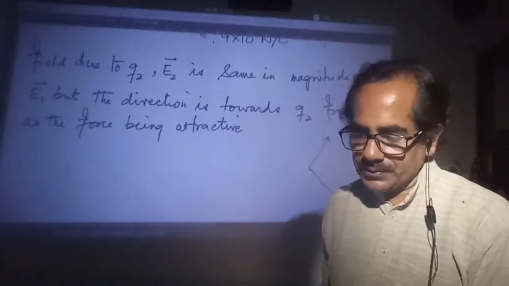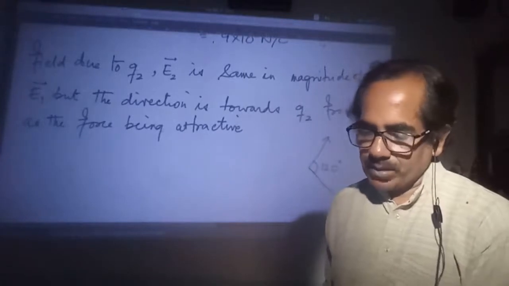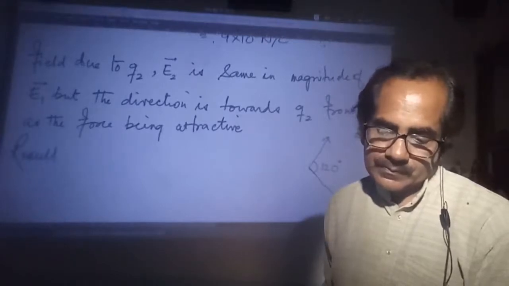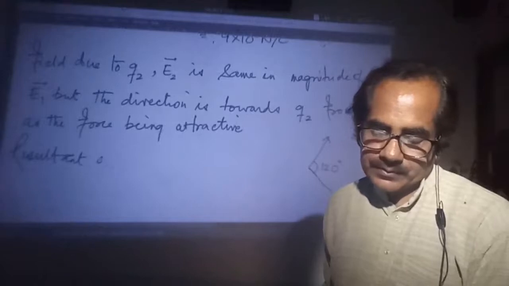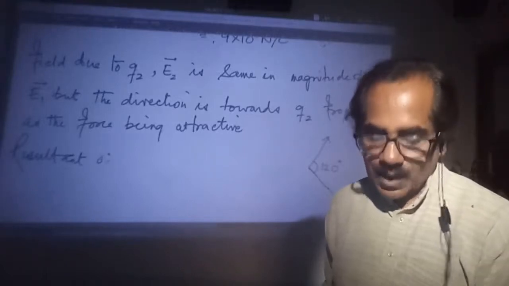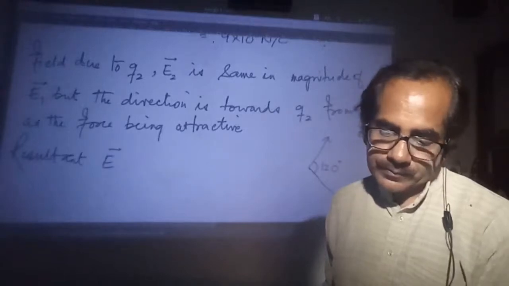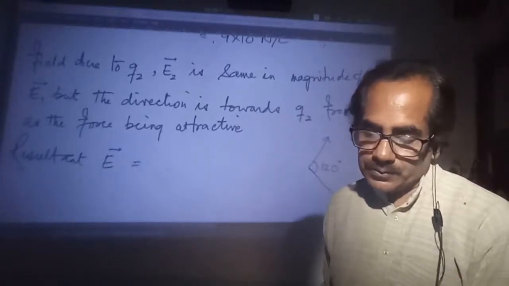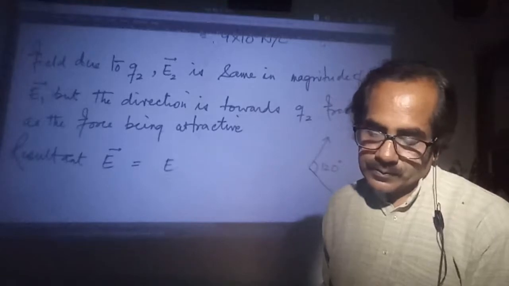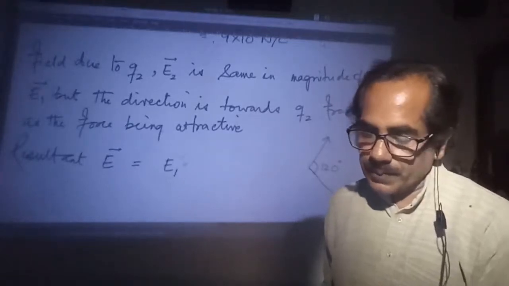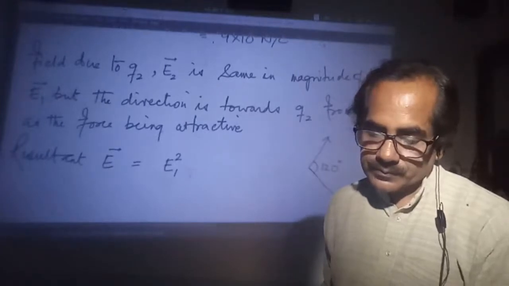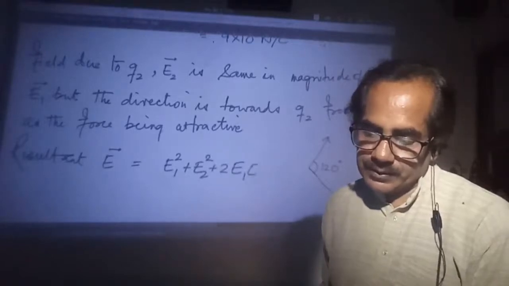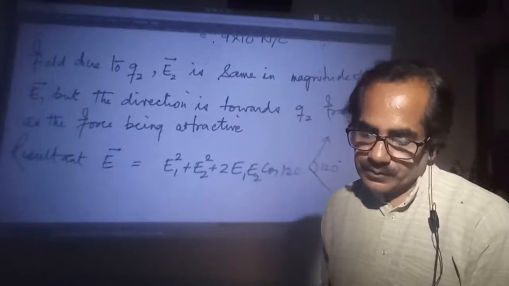The angle between these two is 120 degree. So resultant E equal to E1 square plus E2 square plus 2 E1 E2 cos 120 degree.